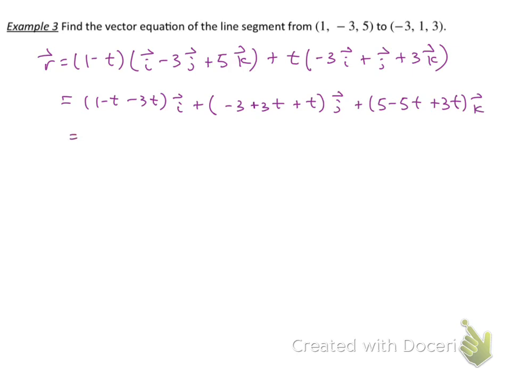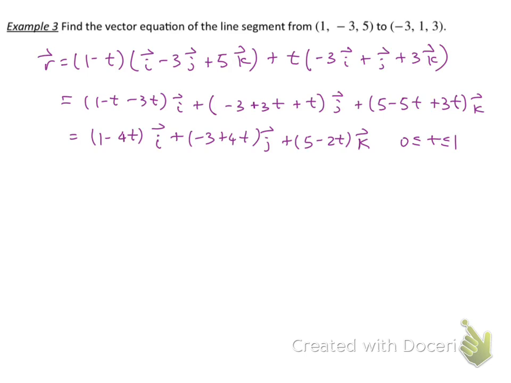Now I simplify by combining like terms of t. I'm having (1 - 4t) for i, plus (-3 + 4t) for j, plus (5 - 2t) for k. And here, our t goes only between 0 and 1. And that is our line segment.